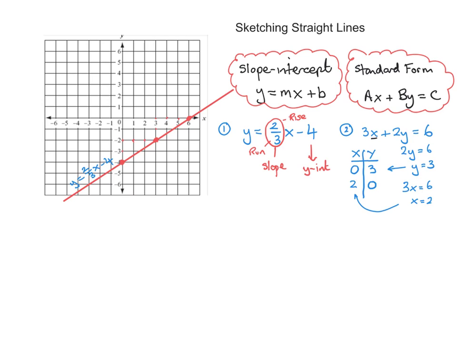We're going to look at the 0, 3 point. So where's the point 0, 3? Well, it's there. Let's put it in blue, different from the other graph. 0, 3 is there. Where's the point 2, 0? 2, 0 is there. Can we come up with a line now to connect those two blue points? Yes, we can.